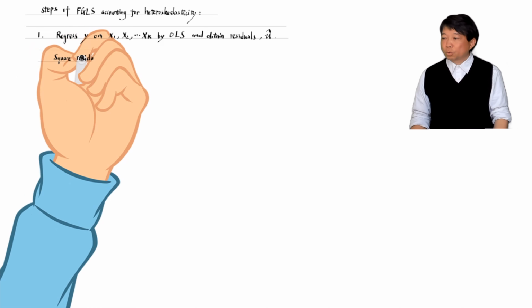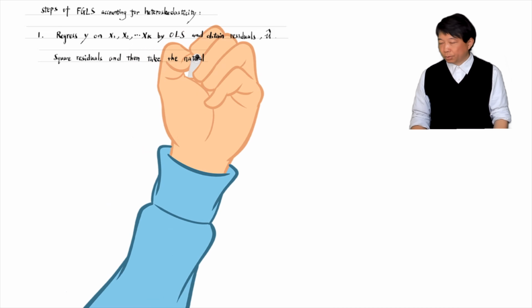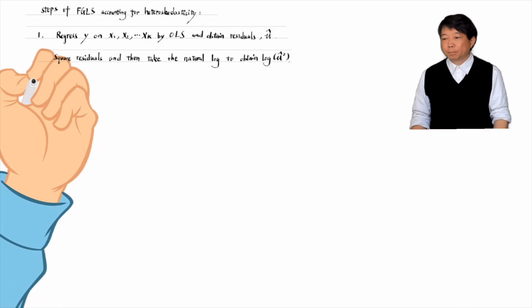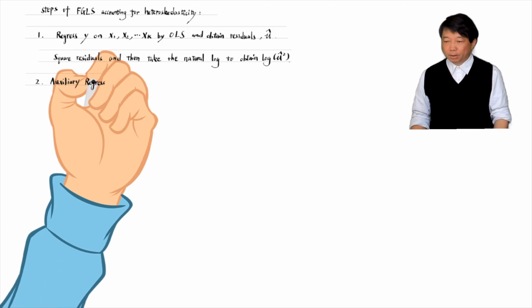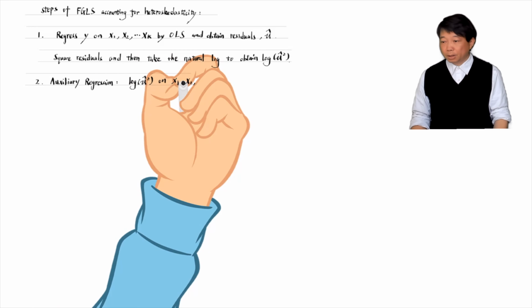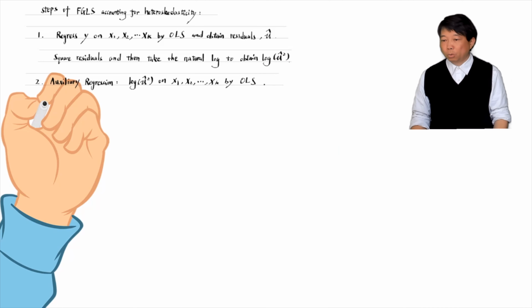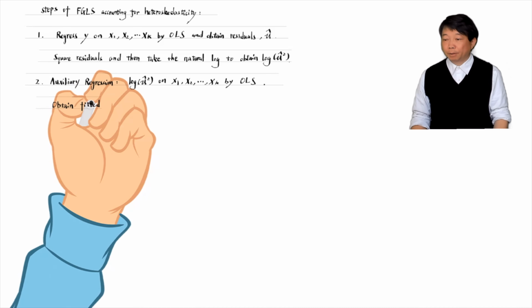We then square the OLS residuals and take the natural log to compute the log of u hat squared. In the second step, we run an auxiliary regression of the log of u hat squared on all the explanatory variables in the original model by OLS and obtain the fitted values.